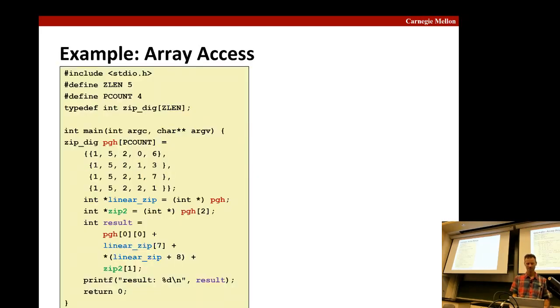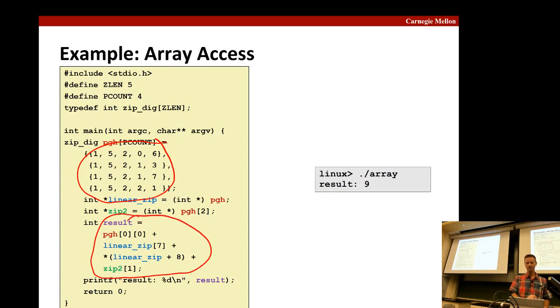Okay. So you can look at this at your leisure. Basically, this just helps you with your understanding of how this all works. We've got this initialized array here, and different ways that we've referred to it. And then we have this funky expression that's really bad code, but it does return 9. The reason it returns 9 is highlighted here: the thing in red gets you this digit, the thing in purple gets you this digit, and so forth.